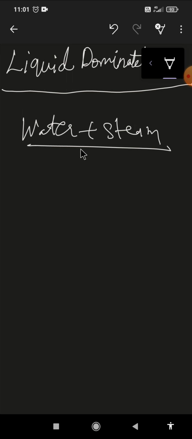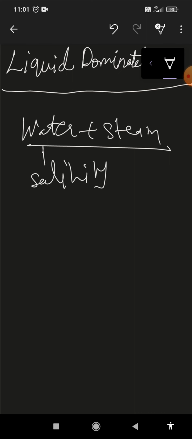In the liquid dominated geothermal reservoir, hot water with various degrees of salinity is available at a wide range of temperatures. Due to high pressure, the water does not boil at high temperature and it remains in the liquid state.